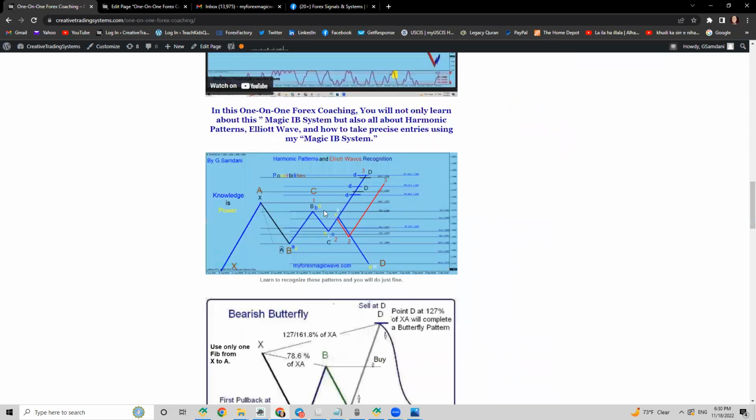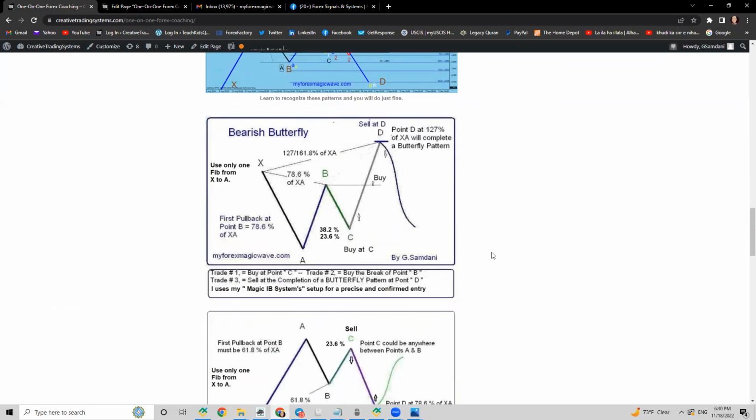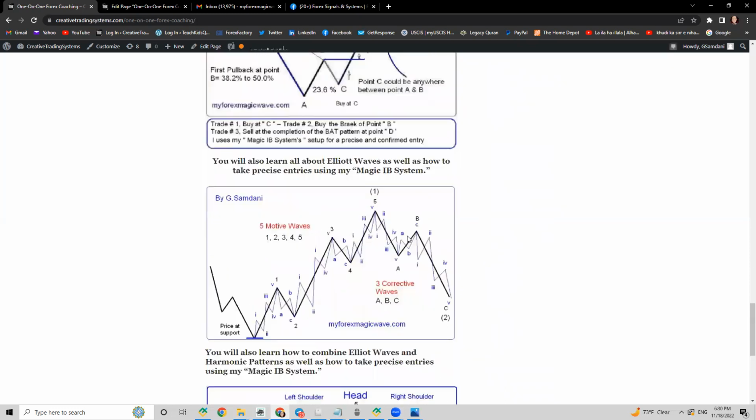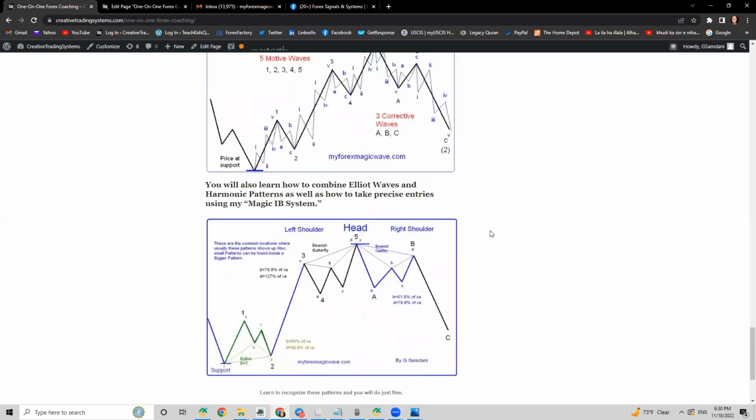You learn about these patterns, these possibilities. At every point where the price is moving, there are two opportunities: either go up or down. But what are those points, and how to locate them and then trade them accordingly with my system, with the perfect entry and only a 25 pip stop loss.